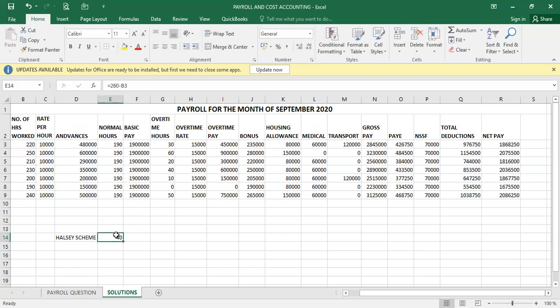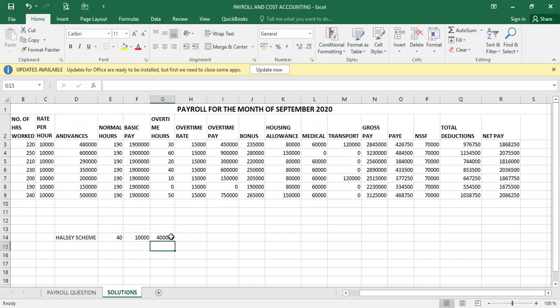It means this person has saved 40 hours. And those 40 hours are valued at the same rate, because they have not given us another rate, the same rate of 10,000. Now if you want to compute how much this person can receive as a bonus, we shall say equal sign, 40 times the 10,000, press enter.